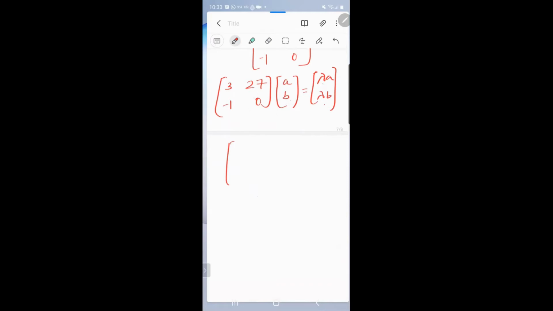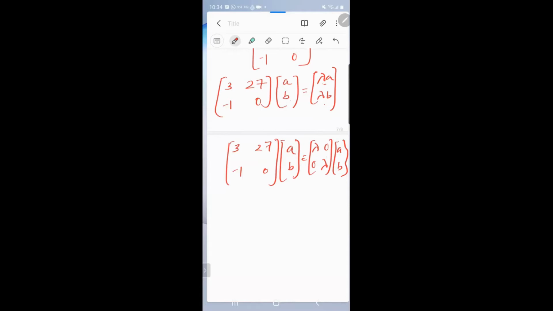Here the coefficient of this lambda a, so let's do this, 3, 27, minus 1, 0 times a, b. When I say multiplied by lambda, what I really mean is multiplied by a matrix like this, because it doesn't make sense to really just multiply randomly.